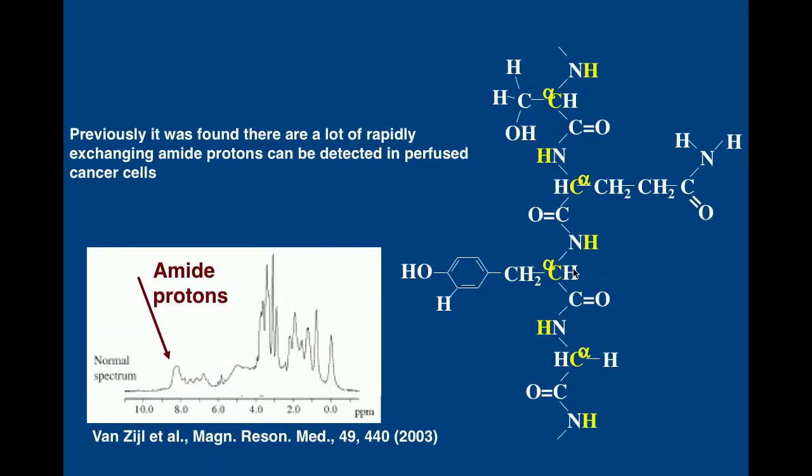One of the first applications of this was in brain tumors. Why was that the case? Well, when people were doing spectroscopy, including Peter van Zijl and Susumu Mori at our site, they were looking at these perfused cells in NMR tubes, and they noticed that when they switched from standard jump-return water suppression to a gradient-based water suppression, all of a sudden these large amounts of amide protons popped up in brain tumor cells.